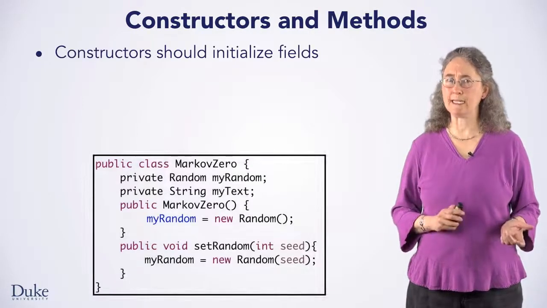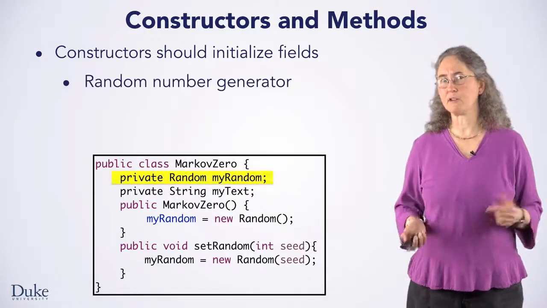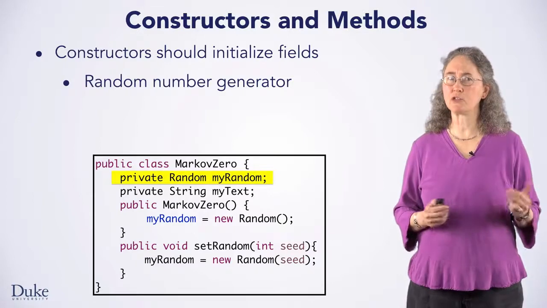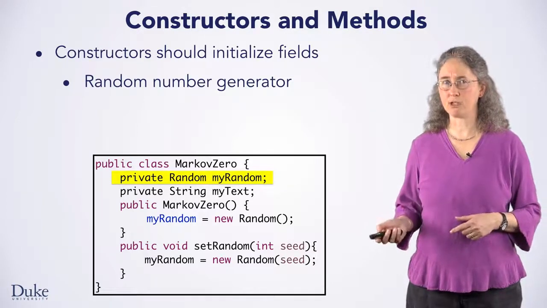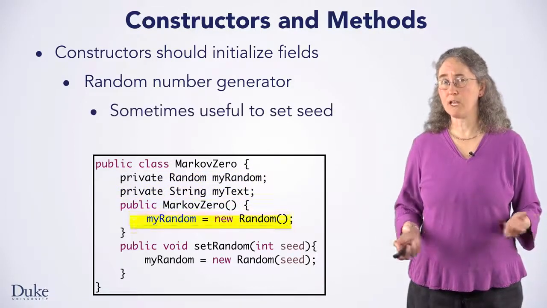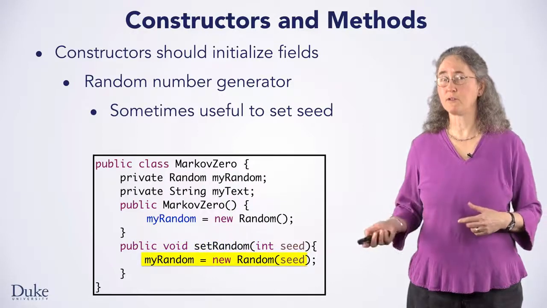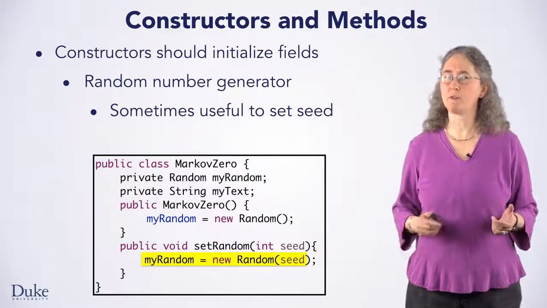We'll also need a constructor and perhaps other methods in the Markov zero class. Constructors typically initialize fields or instance variables. In the Markov zero class, we have an instance field that stores a random object from the Java util package. We create a new random object in the constructor. It's often useful to generate a reproducible sequence of random numbers to help with debugging.